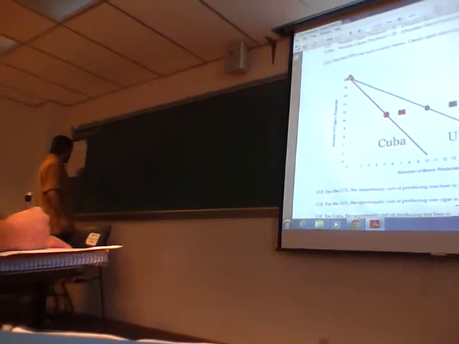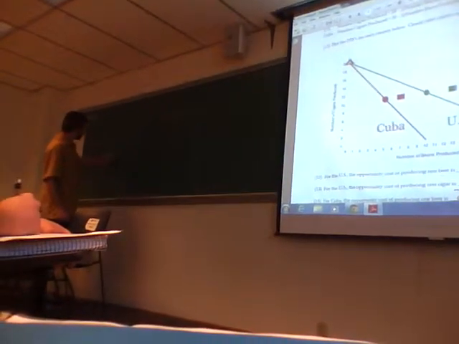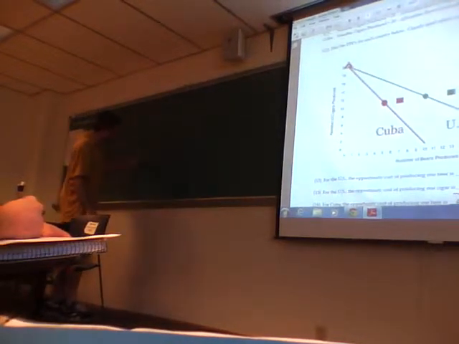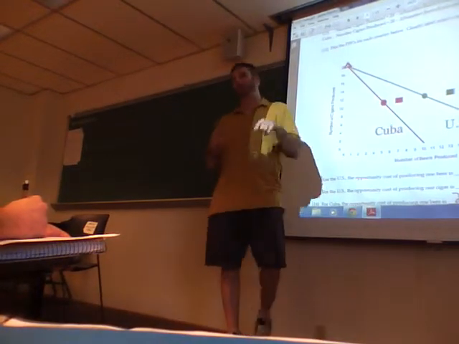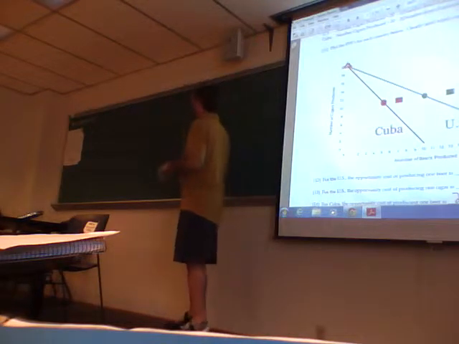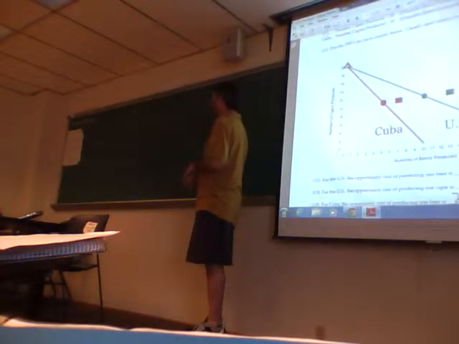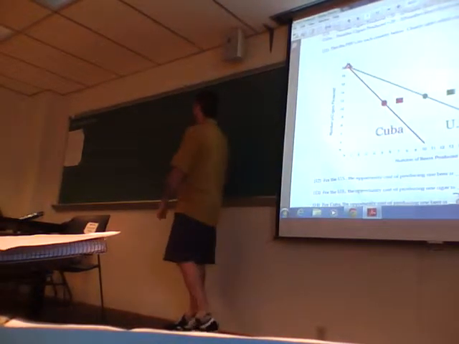And the second question, what if cigars equals 0? Since I have two goods, I can quickly ask what if one is 0, what if the other one is 0? When I solve for that, it gives me those y and x coordinates.